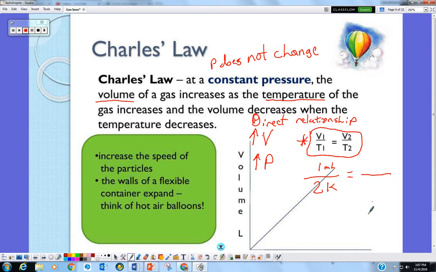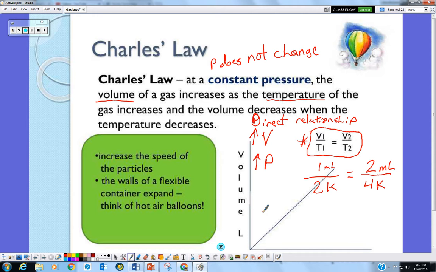When we set this up proportionally, that means that if we double the volume to 2 milliliters, then what should we expect to happen to the temperature? We should expect an increase in temperature, and it should increase by a factor of 2 as well. So that means that we go from 2K to 4K. Now, looking at this, do you see that 1 milliliter over 2 Kelvin is equivalent to 2 milliliters over 4K? Both of them would come out to a constant of 0.5.